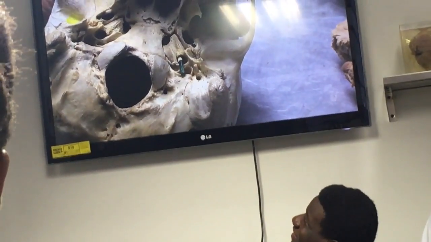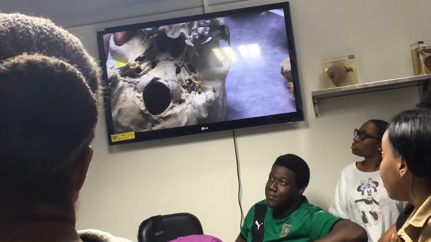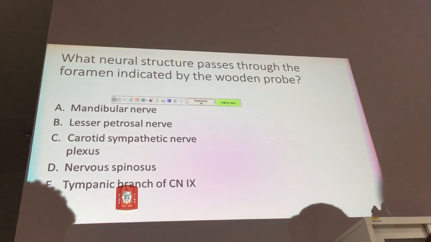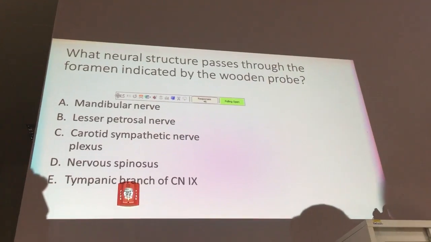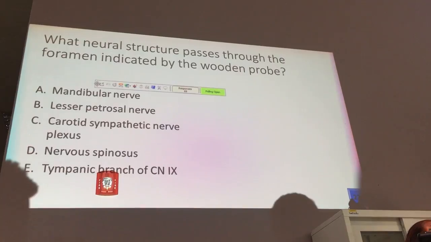Alright, so this one is asking of the neural structure that passes through the foramen. So that neural structure is very, very important. Okay?